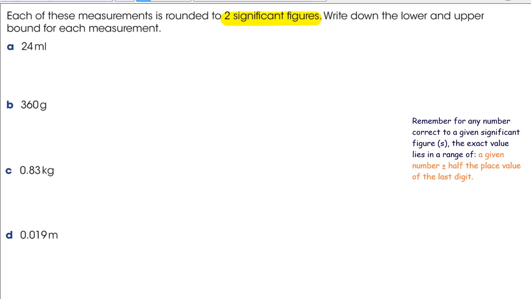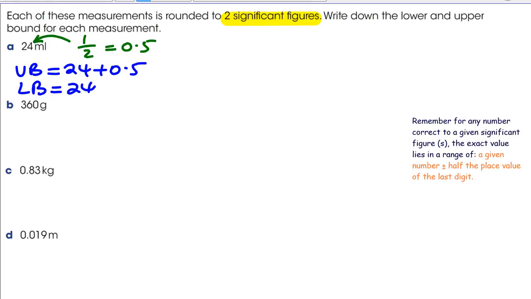So place value of 4 is 1 divided by 2, you get 0.5. And then the upper bound, same process, 24 plus 0.5, lower bound will be 24 minus 0.5. So that will be 24.5 and 23.5.